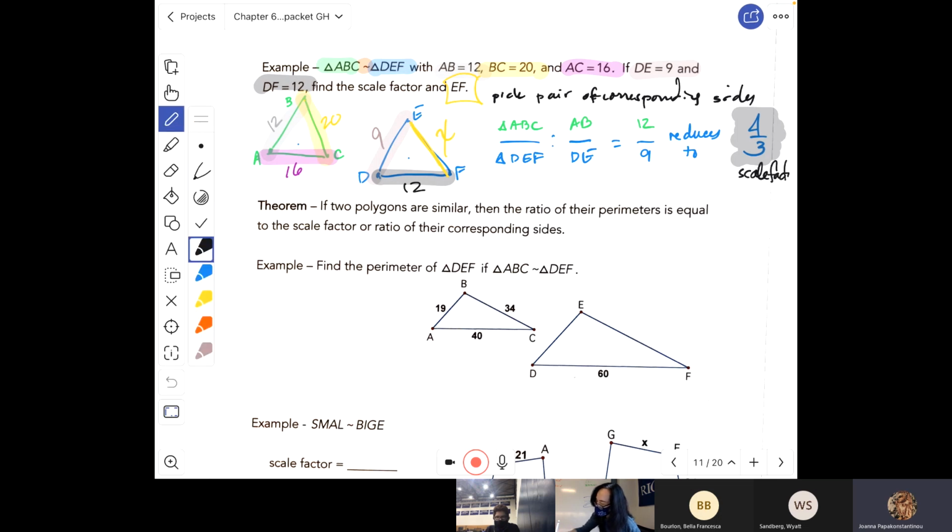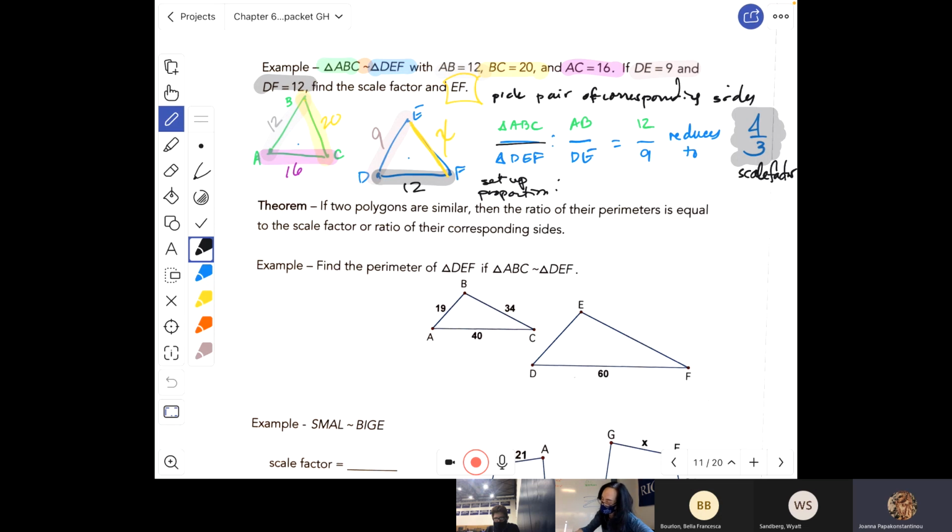I'm going to use this scale factor to allow me to set up a proportion to solve for X. So again, I'm going to do ABC to DEF because that's the way I chose to determine the scale factor.